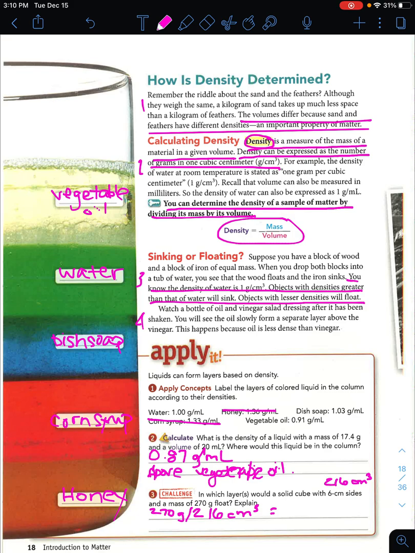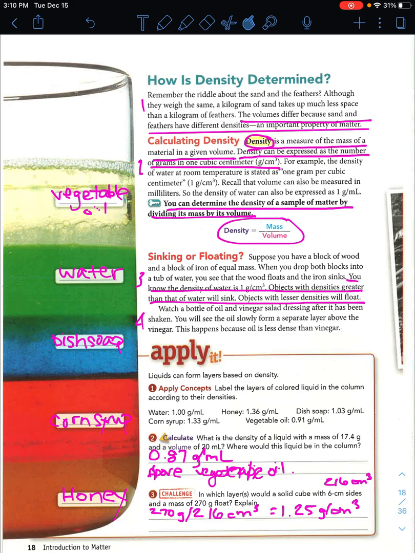So when I type that into my calculator, I get 1.25 grams per centimeters cubed, or per milliliter. So now I need to figure out where that would fall in my cup. So I'm going to erase that so I can take a look.